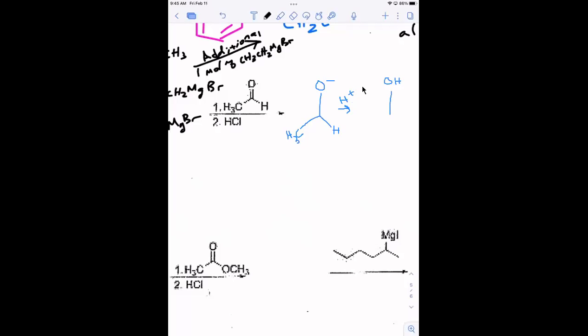It would be like this, and then you draw the rest of it. Is that right? Where's the CH3 group?